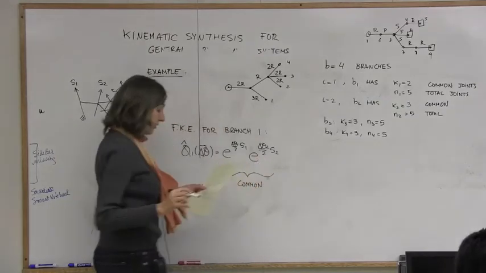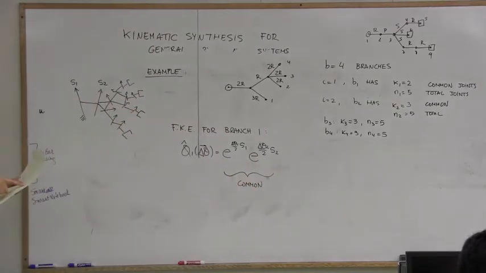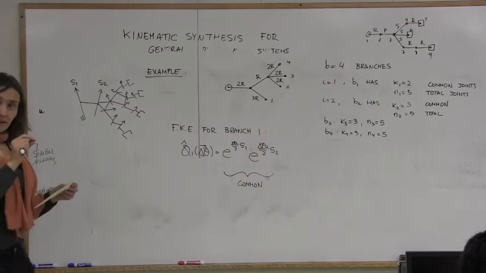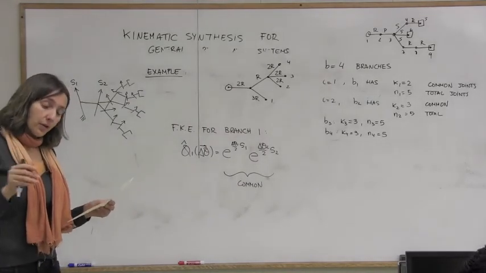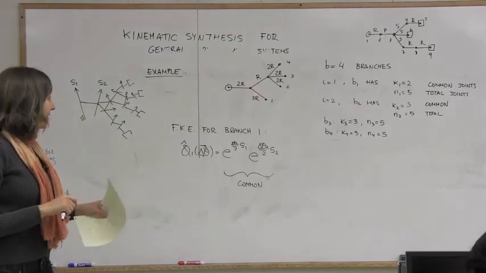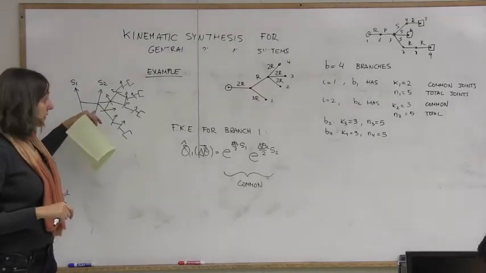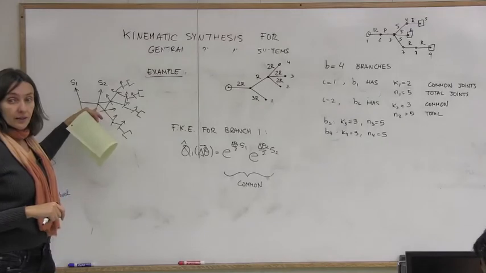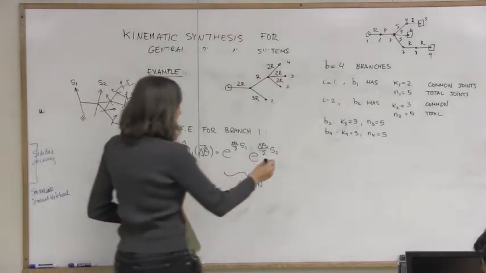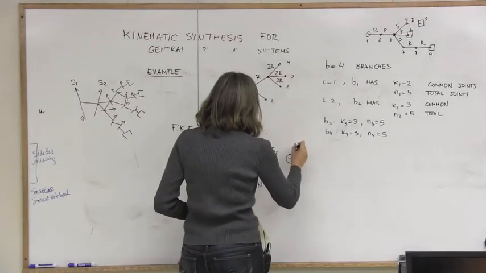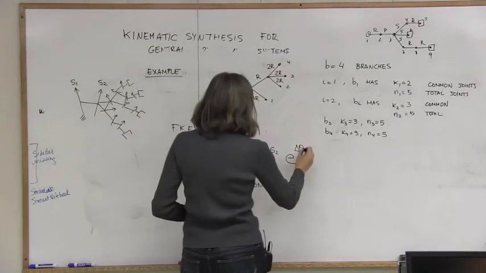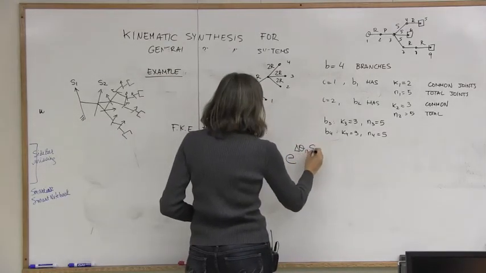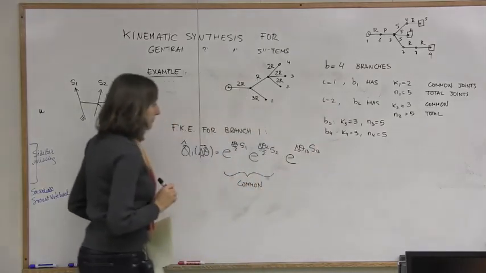Now if you look at your notation, the axis is written such that the first subindex corresponds to the branch, and then we count the joint continuing from the one that we left there. So we'll have the exponential of delta theta. Now we are in branch 1, so that will be 1,3 S 1,3.